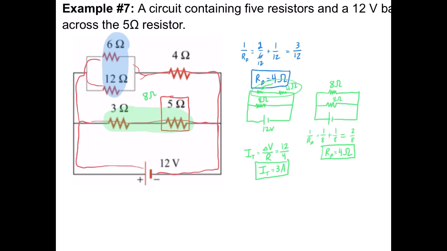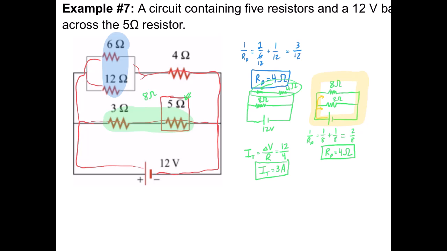Now, the question was asking for the potential difference across the 5. So now I need to figure out how much of the current is going through that one. Now, it's kind of nice that I've actually already done some of this work, because in this drawing right here, you'll notice that when the current comes out of the battery, it's going to split, some through this path, some through the other one, and they each ended up with 8 ohms each.